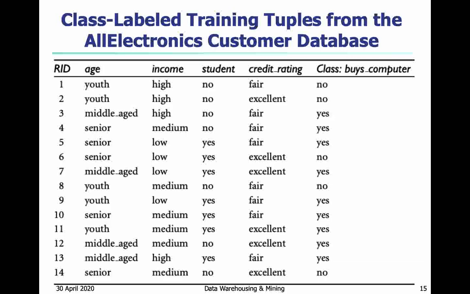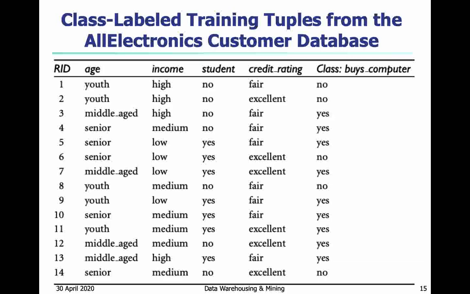So H is the hypothesis that our customer will buy a computer. X contains two attributes, age and income, where age is medium and income is 40,000 per month.